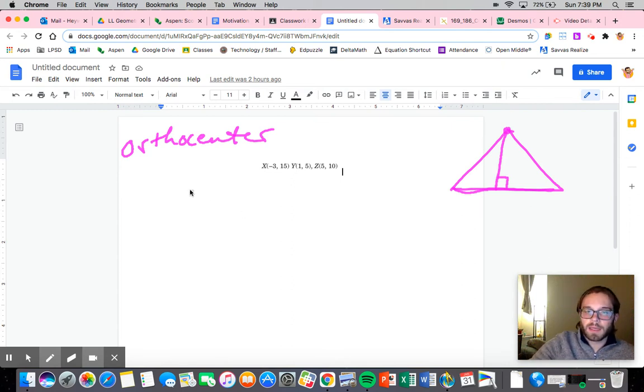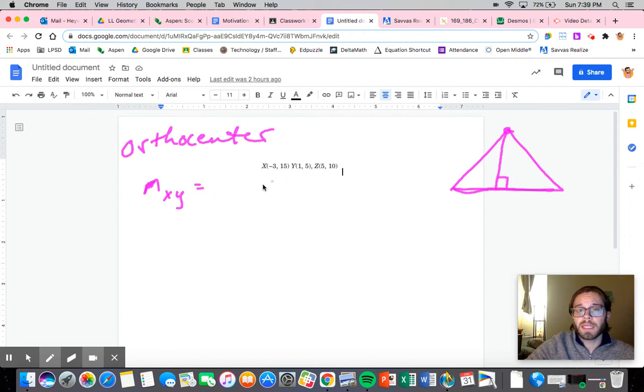Well, I think as we found before, let's do the slope of x and y. So remember, when you're doing the slope of x and y, that would mean that z is the point that you're going through. So the point that's not included in the slope is the one that you go through. Okay.